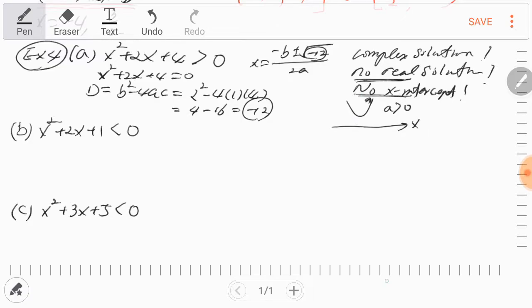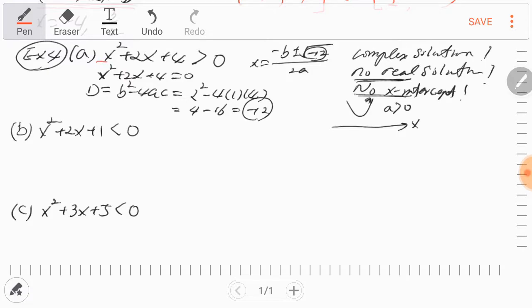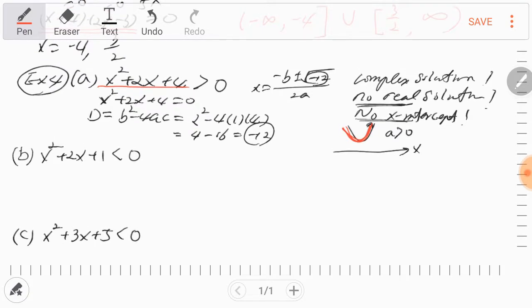So in this case, we can say that everything is greater than 0. The y value is positive always. The graph is above the x-axis. Let's say this is equal to y.